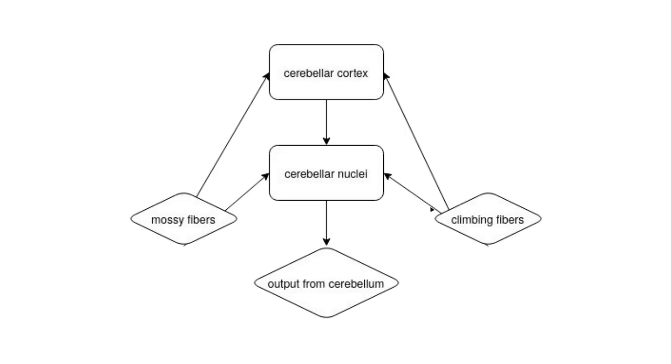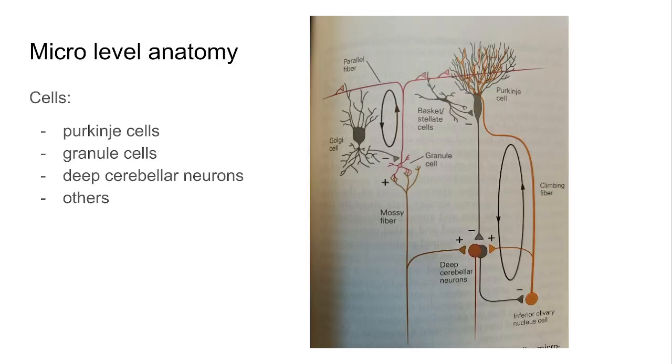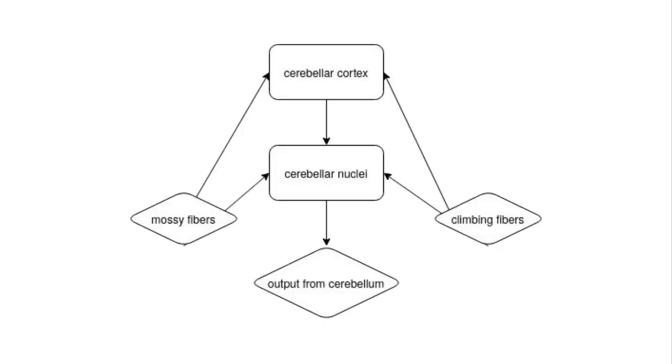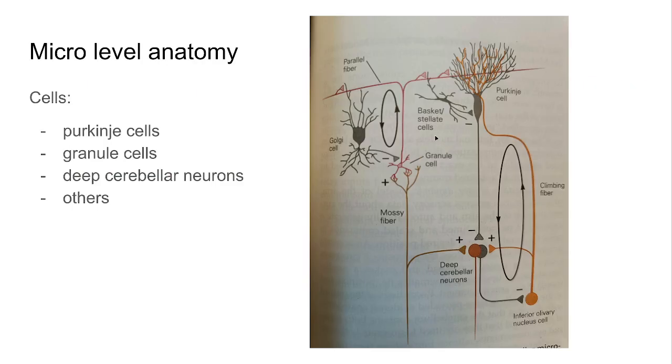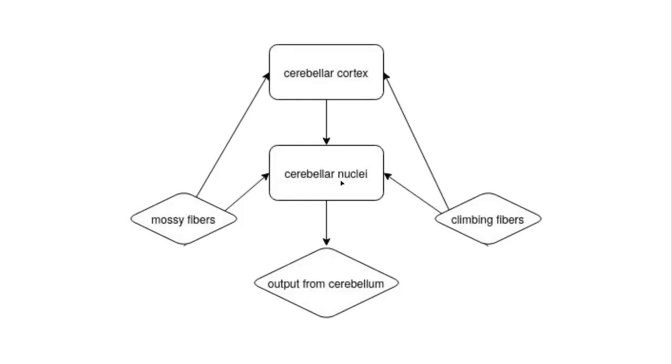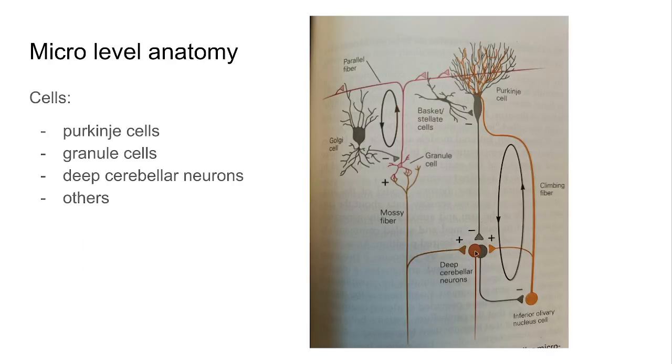This is an attempt to simplify this diagram of exactly what happens. So here is how this corresponds: the cerebellar cortex would be this, right? So these granular cells, Purkinje cells, all of that. The cerebellar nuclei are these deep cerebellar neurons.